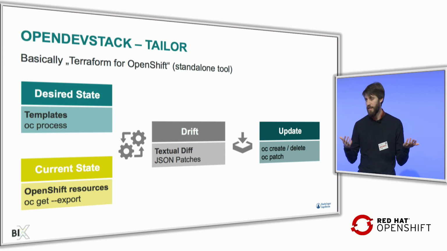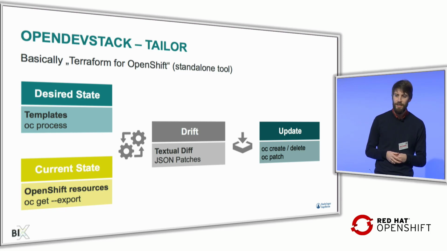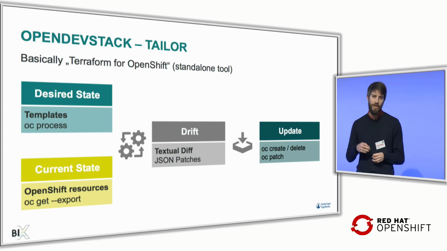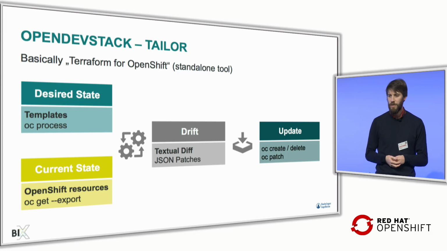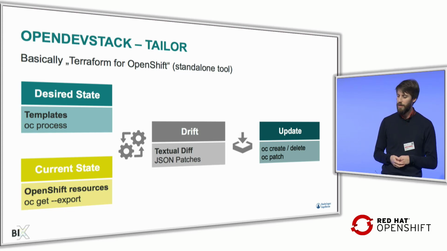You can see this as a textual diff, so people can review what the differences are. For example, you add some new environment variables to your deployment config, and Tailor can then generate JSON patches from that and pass these JSON patches to apply those updates. This is crucial because the standard OC apply, for example, does not delete configuration.